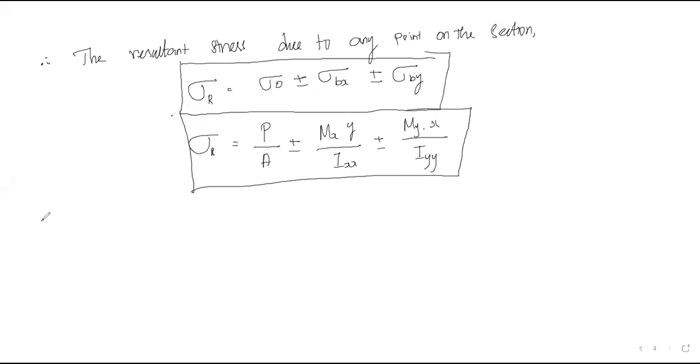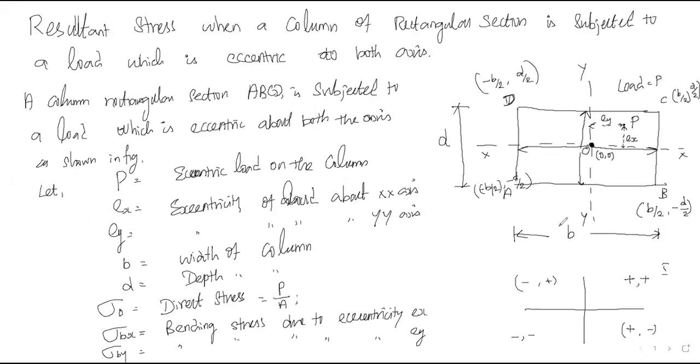Okay, now consider the position A. So here both the things are negative, that is b by 2 is also negative, d by 2 is also negative, so the coordinates x and y are negative. The resultant stress will be minimum.